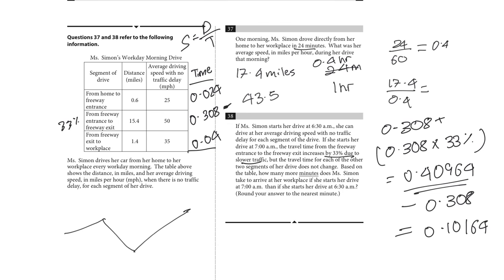All right, 1 hour is 60 minutes, so 0.10164 times 60 is equal to 6.09, which to the nearest minute is 6.